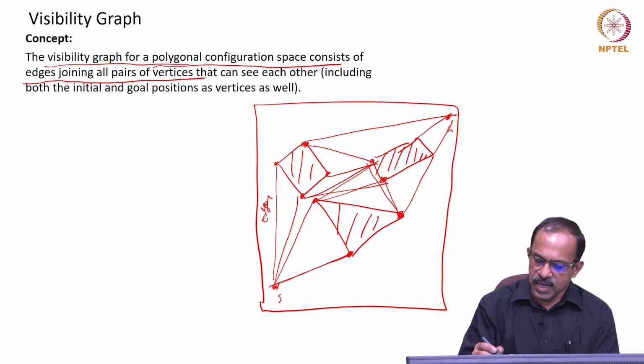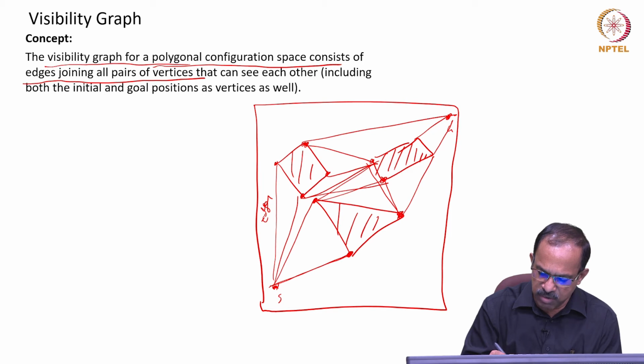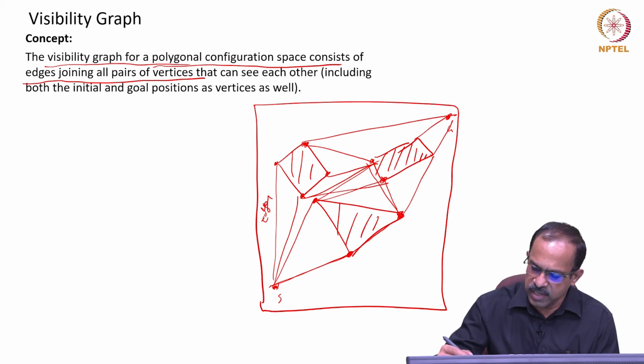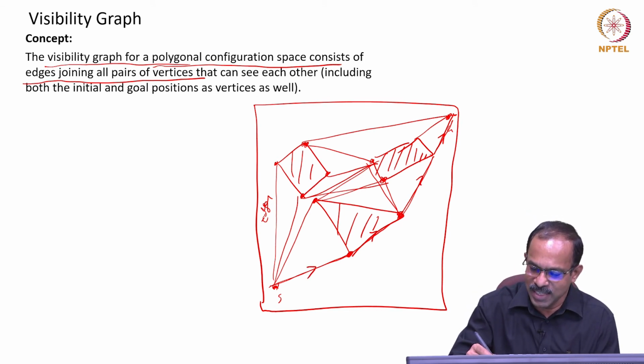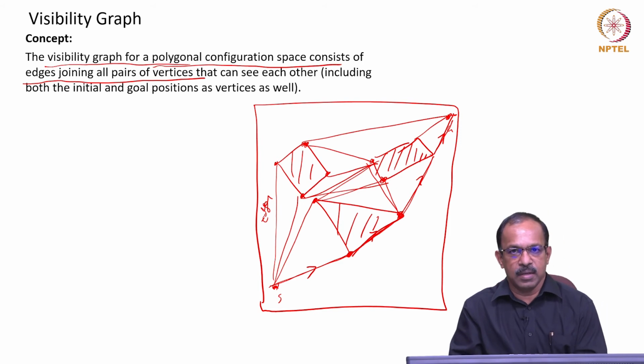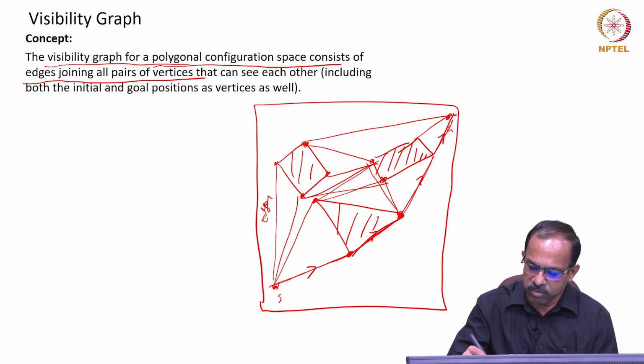Now we can see that this robot can actually start from here, go up to here, and then pass along this, and then go along this, and then go from here to reach this one. So this may be a potential path. Since the actual obstacle is smaller than this, even if the robot is moving along this edge, it will not hit the obstacle, because the actual obstacle may be only this much size.